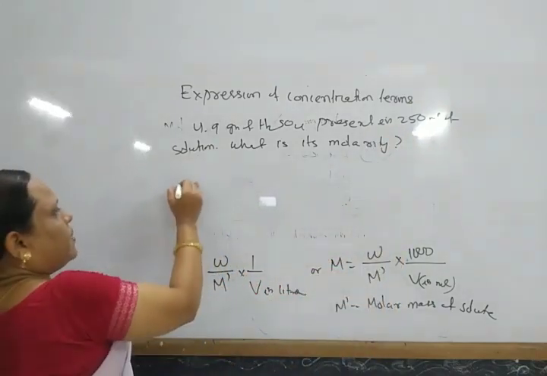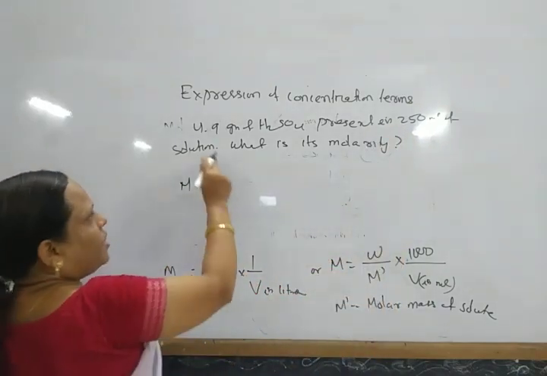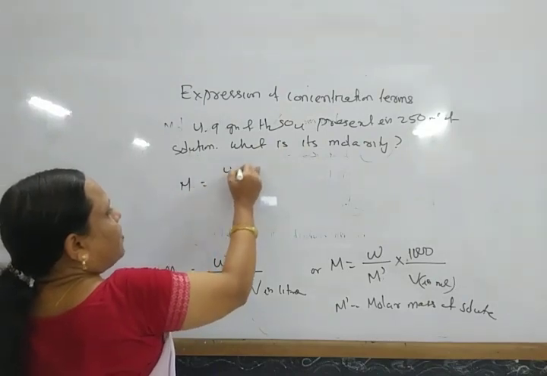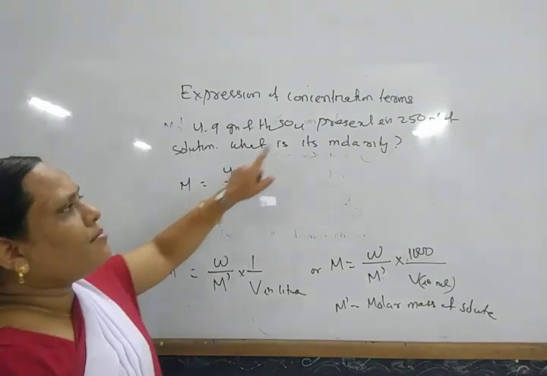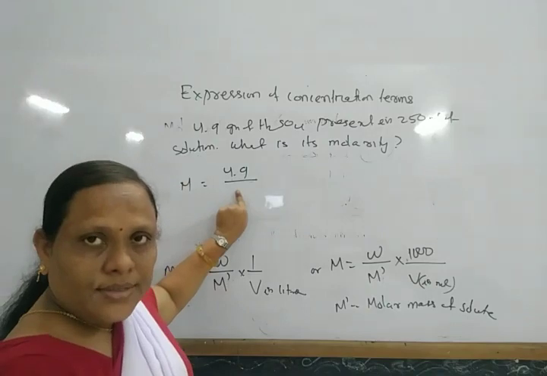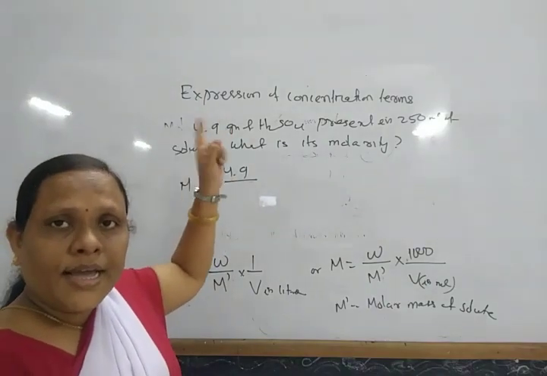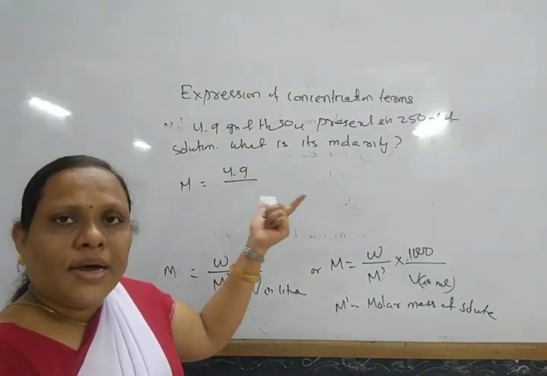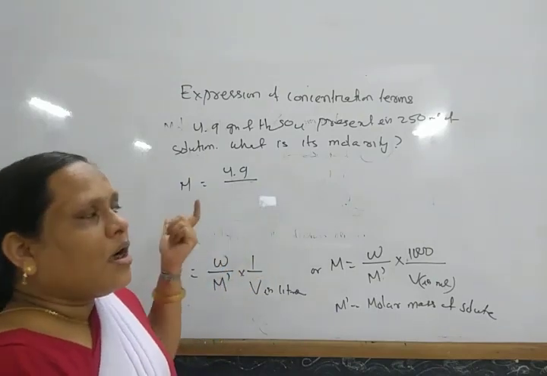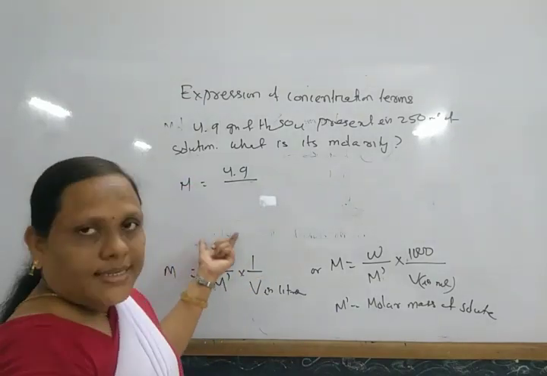So molarity formula, M equals the given 4.9 and the molecular mass. Here we use molecular mass, not equivalent mass. In case of normality we use equivalent mass, which is molecular mass divided by basicity, that is 2.